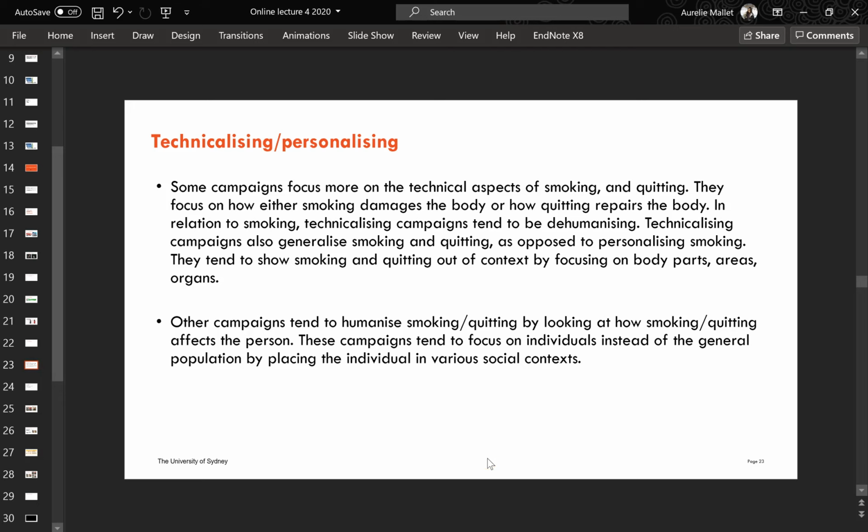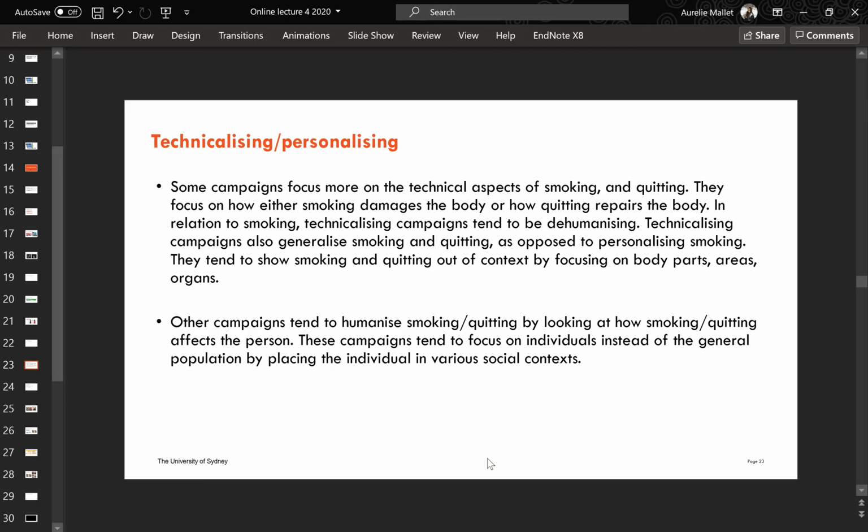The health warning campaign is a more technicalising style campaign because it focuses on the technical aspects of smoking on the body. While Don't Make Smoking Your Story is more personalising in style because it focuses on the person, and that specific person is Ted.